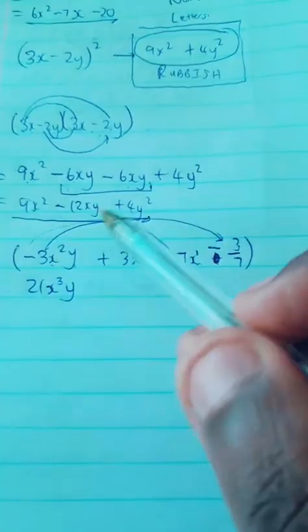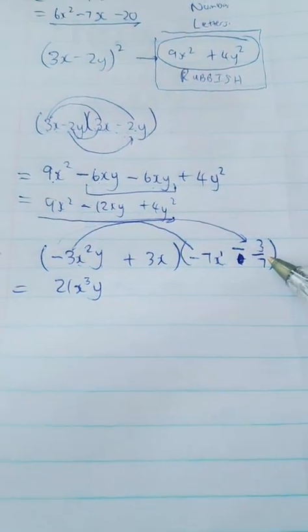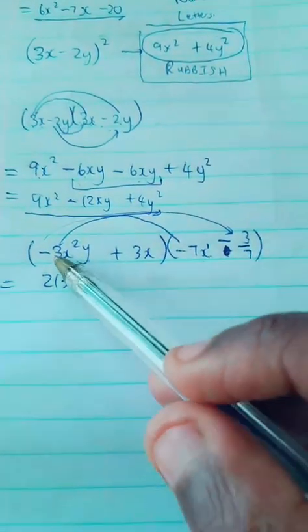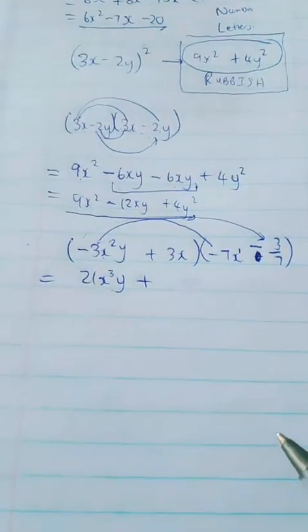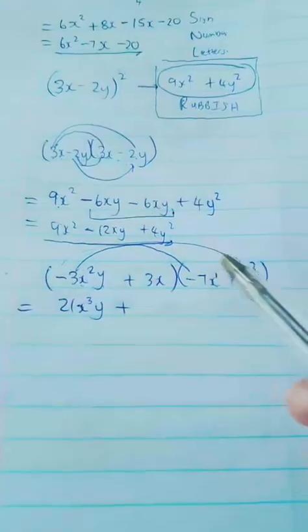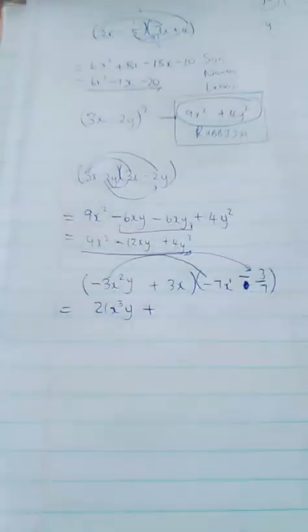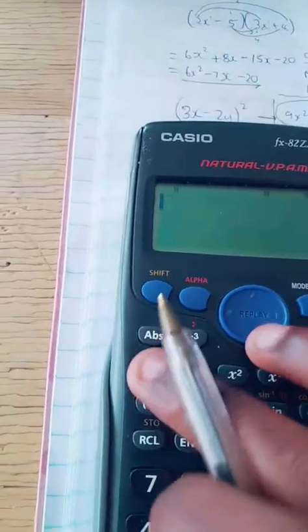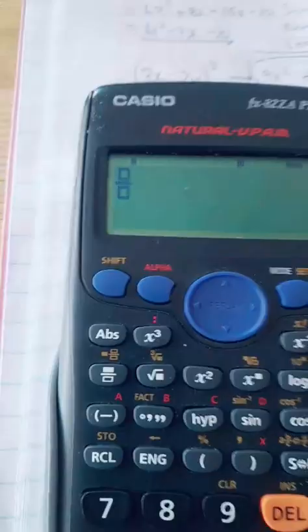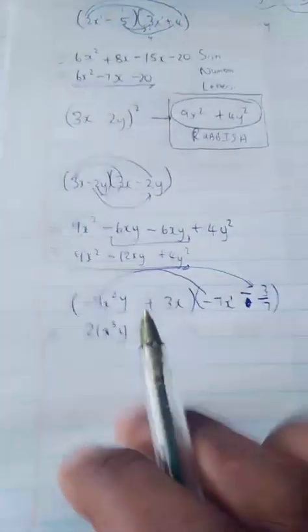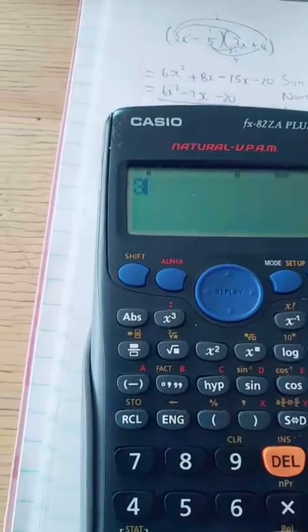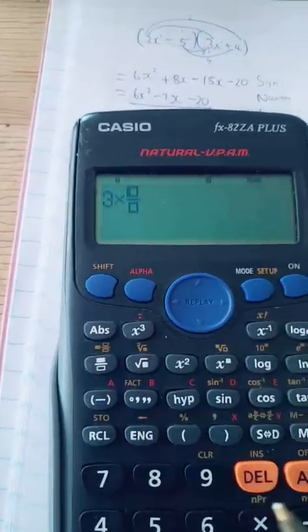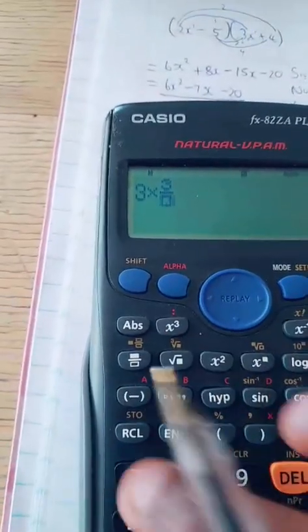Negative 3x squared y times negative 3 over 7. Once again, negative times a negative, positive. All right? Then 3 times 3 over 7. You take your calculator. We've already finished taking care of the sign, right? Now we're moving on to the number. 3 times 3 over 7. So we simply go to our calculator and say 3 times 3 over 7.